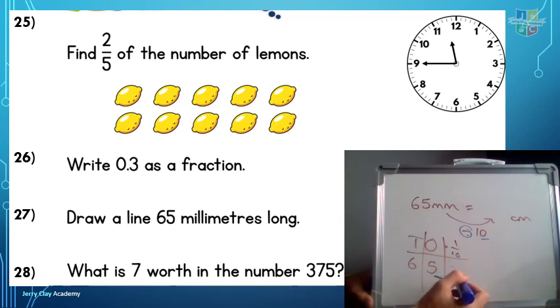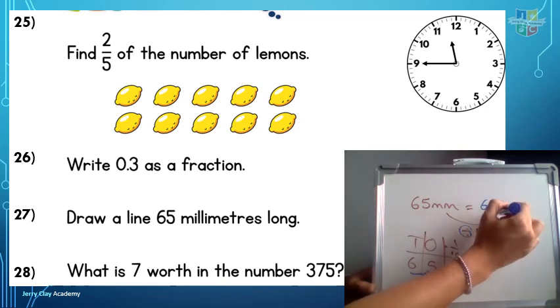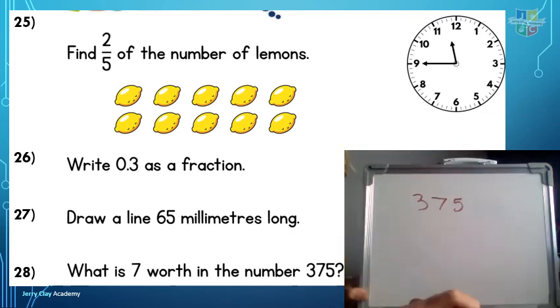So if I move all my numbers one place to the right, I also need to put in my decimal point. I should have said that there was 6.5 centimeters in 65 millimeters because there's 6 whole ones and 5 millimeters left.